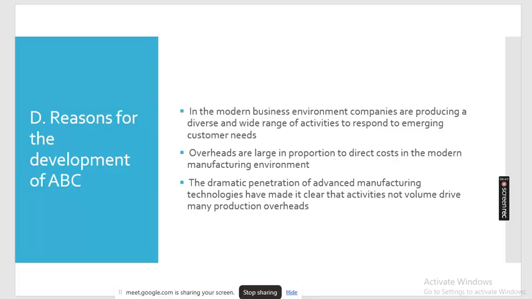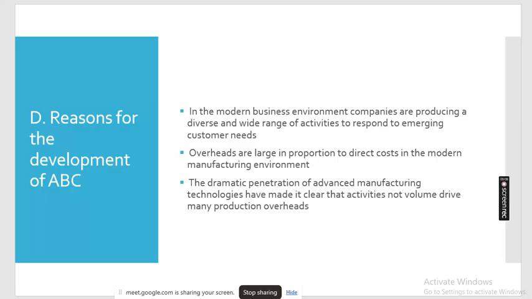Then finally, because we now have advanced manufacturing technologies, it has become clear that it is activities that are causing production overheads, not volume. When we say volume, we mean units.